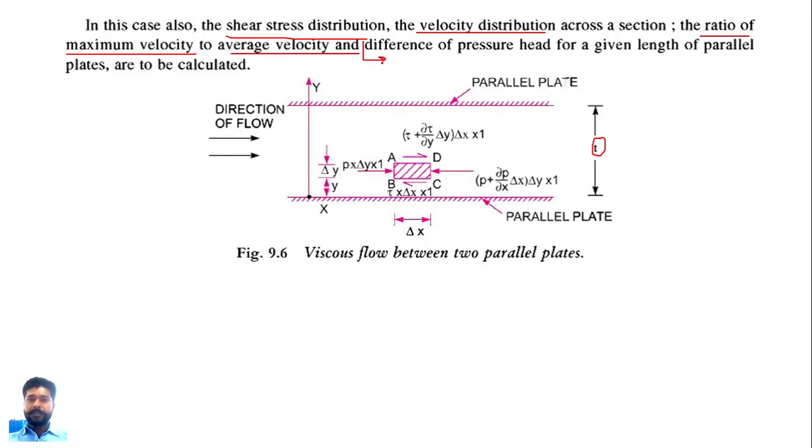And next we will find the difference of pressure head for the given length of the parallel plates. So in total there are four things we need to find between these two parallel plates: first, the shear stress distribution; second, the velocity distribution; third, the ratio of maximum velocity to the average velocity; and the fourth and last, the difference of pressure head between these two parallel plates.